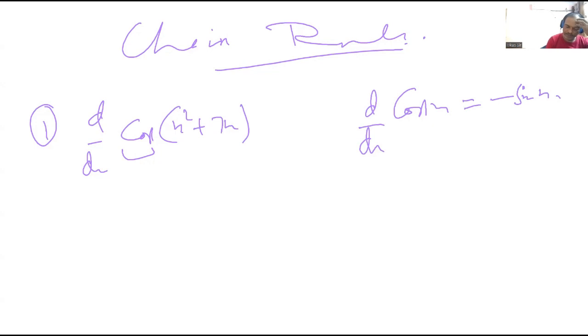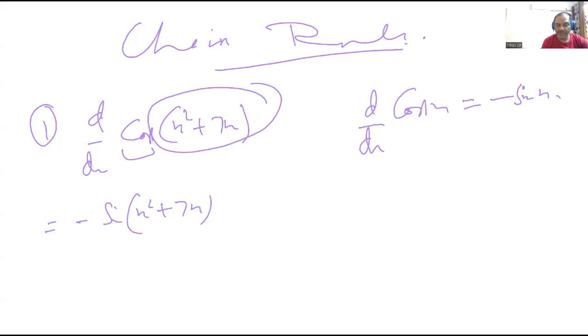And what it means here is that you have cos of x squared plus 7x. You make cos x the parent function, and you will have minus sin x on differentiating cos x. Here, assume this to be the x, but you will have minus sine of x squared plus 7x. This is the same.